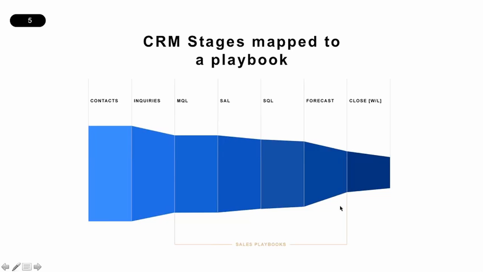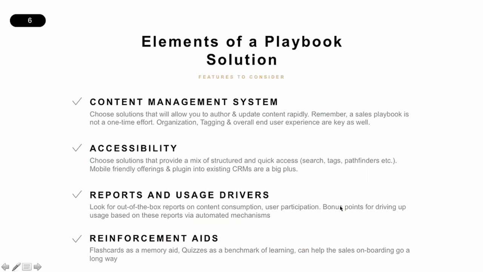Now, and this is the heart of the webinar, the elements of a playbook solution. What are some of the features that you should consider when you're looking at a playbook solution? Number one, in our opinion, is the content management system.